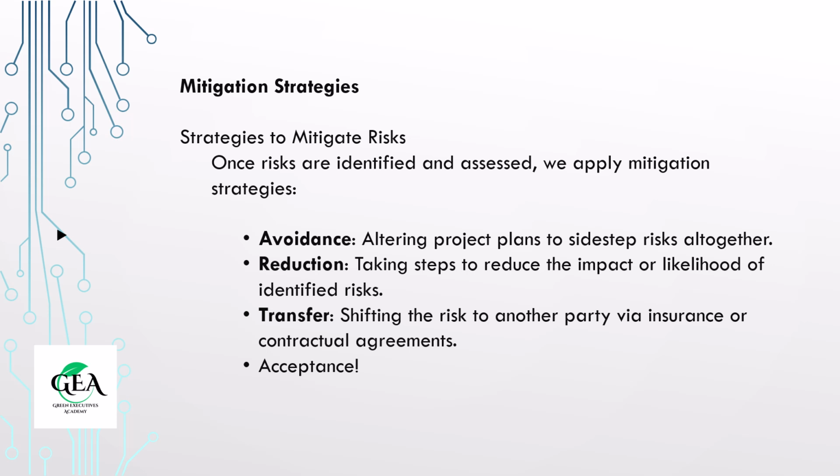Finally, there is acceptance, acknowledging that certain risks are inevitable and budgeting or planning for them accordingly. This strategy is particularly useful for low impact or low likelihood risks, where mitigation might be too costly. Each of these strategies offers unique benefits, and often a combination is used to ensure a project's success and sustainability.